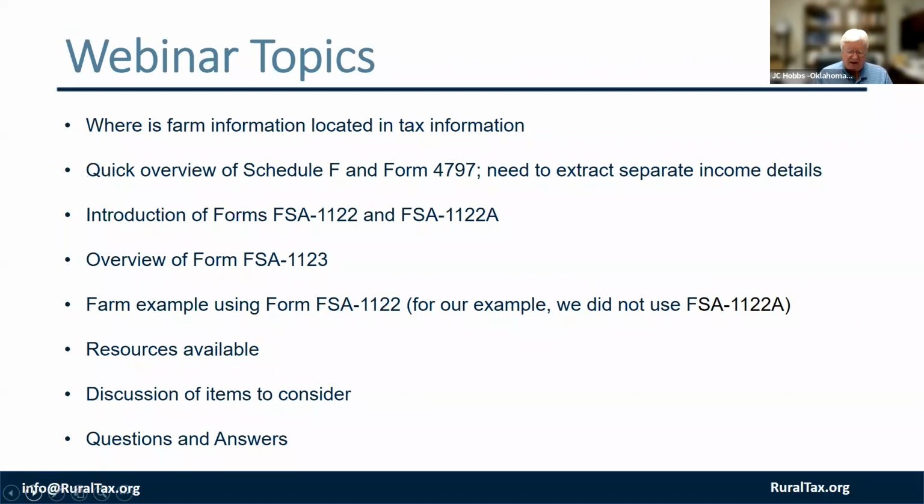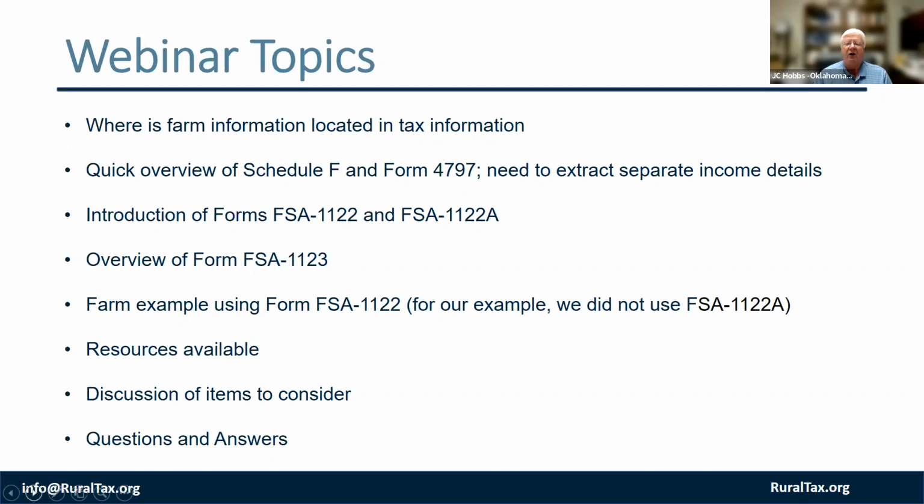Here are the topics that we'll be covering today. We're going to be looking at where farm information is located in our tax return, so looking at farm information on the various forms in the return. We'll be talking about the Schedule F and the Form 4797, giving you an overview of those two forms, because that's where the majority of the information we're going to be using today is going to come from.